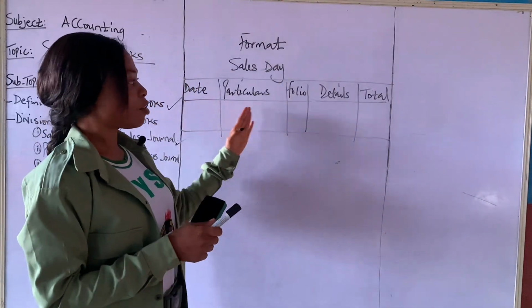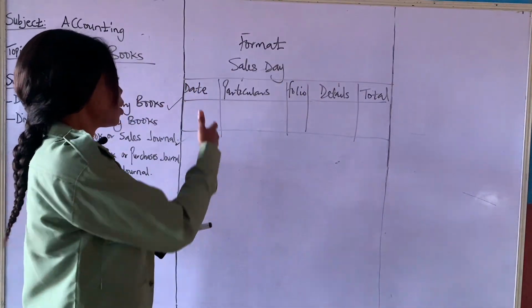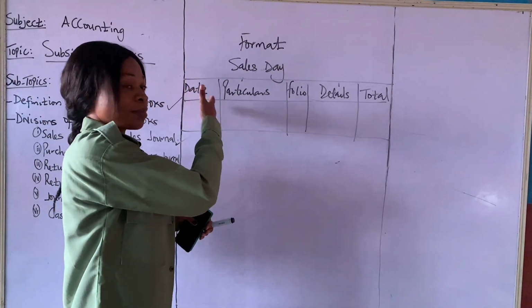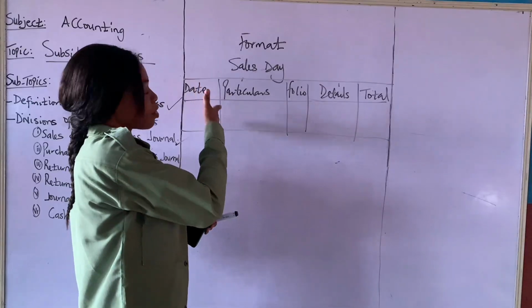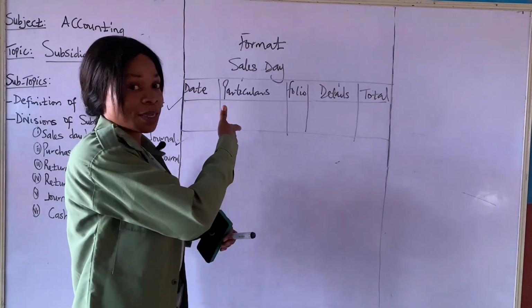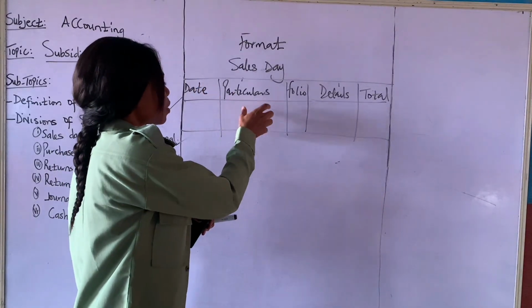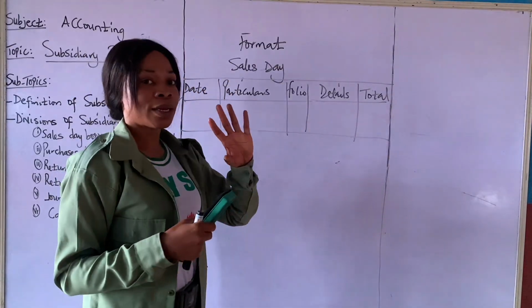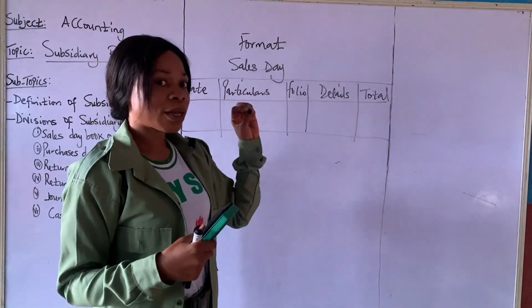So I will explain each of the columns now. Just follow me. Now, the column for date carries the day, the month, and the year the transaction took place in the organization. While the particulars has to do with a brief description of what really happened, like what did you sell on that particular date.